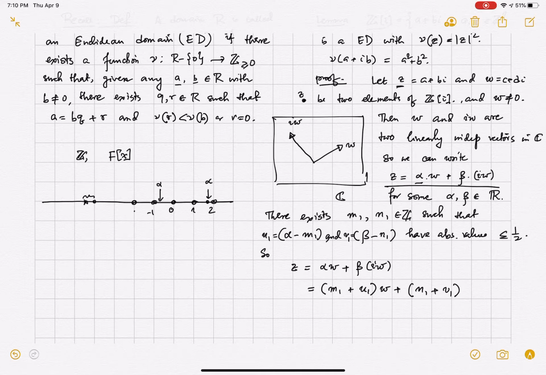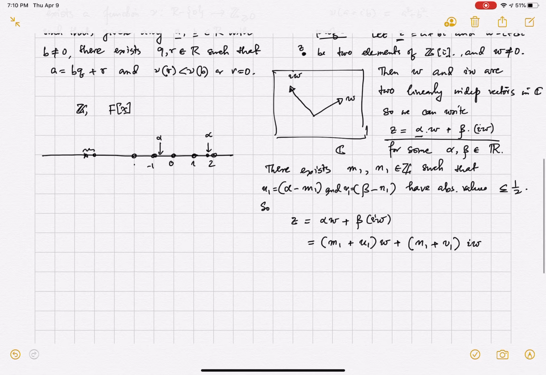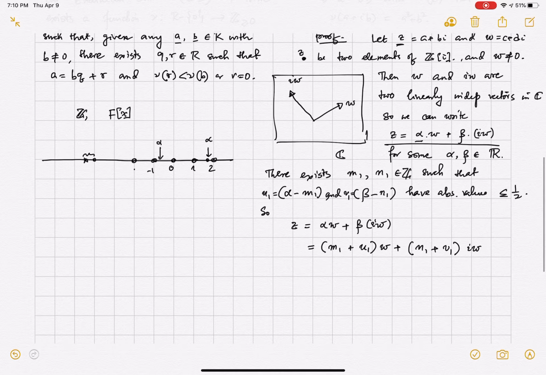Again, n1 is the integer part and v1 is the fractional part. So this is the same as m1 w plus n1 iw. So that is m1 plus i n1 times w, that is an element of the ring Z[i], times w, plus what's left. What's left is u1 plus i v1 times w.